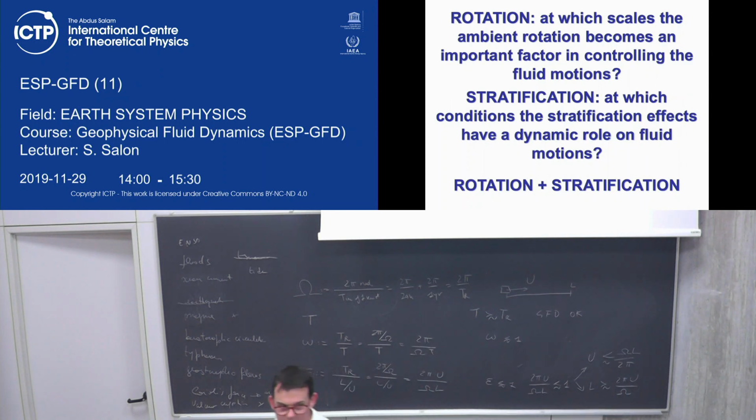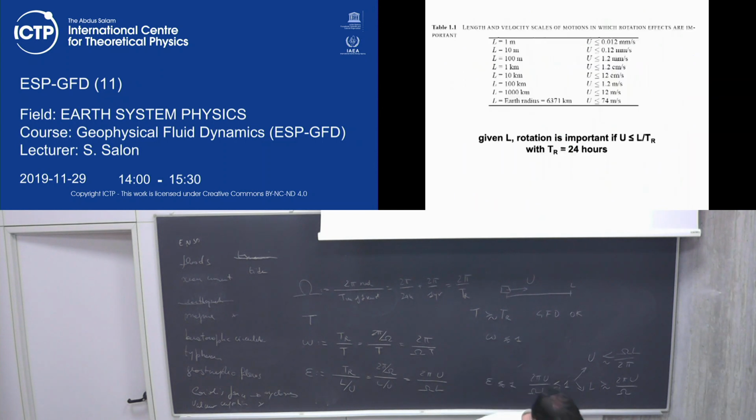Okay? So I have a limit for the velocity scale and length scale of phenomena which are affected by rotation. So I can have a maximum limit for the velocity and a minimum for the length.